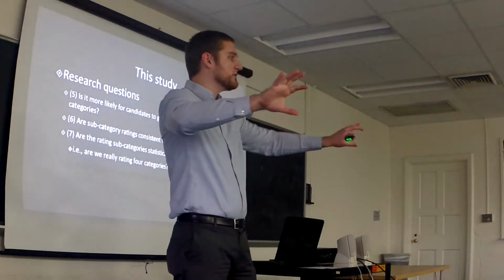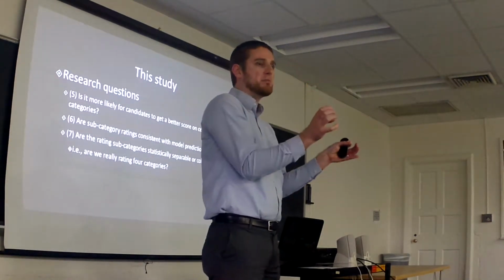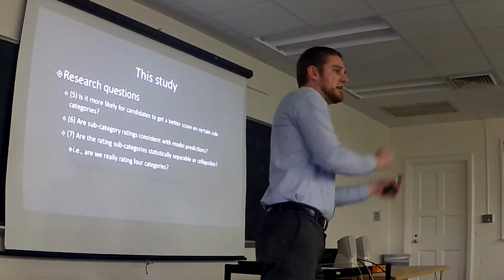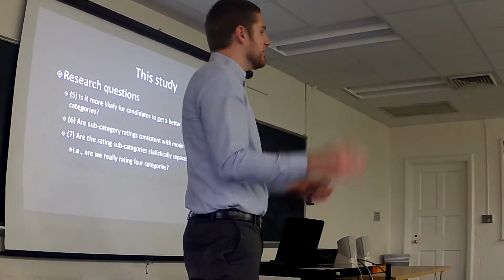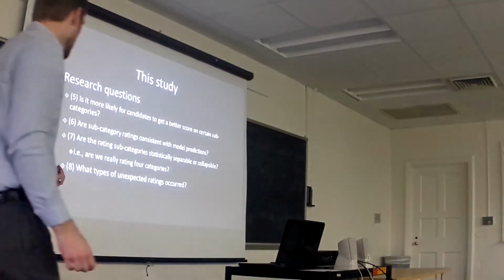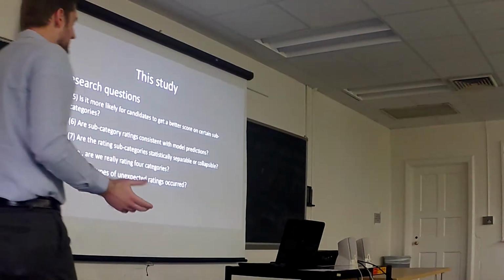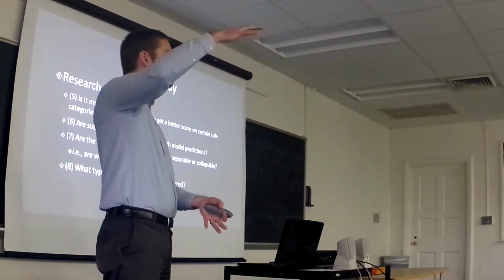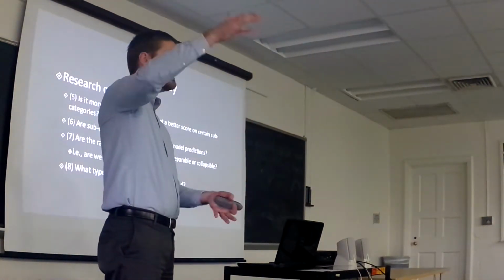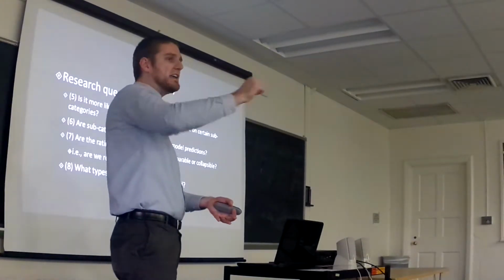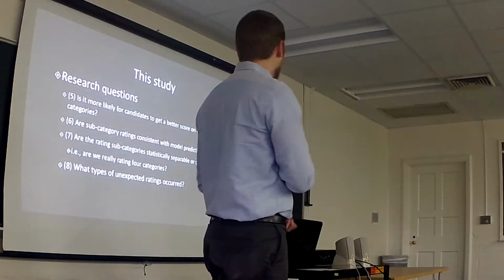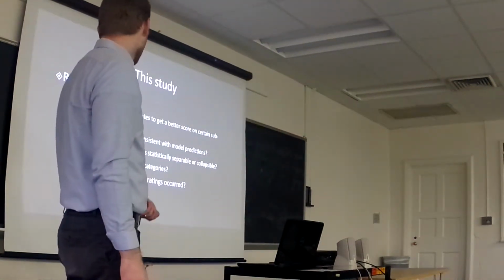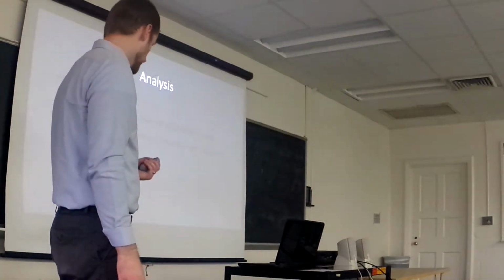Are we separating those 4, or are they collapsible? Essentially, are we calling grammar and lexis the same thing, and the other 2 the same thing, something like that? And then if there are any unexpected ratings in the model predictions, if there are really different sub-score ratings than what's expected, the model will flag it and show that. There are a few examples of those, but I'll talk about those in a minute.